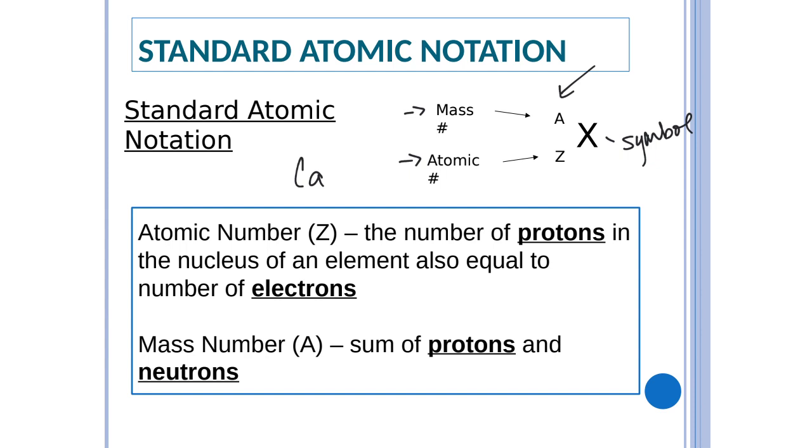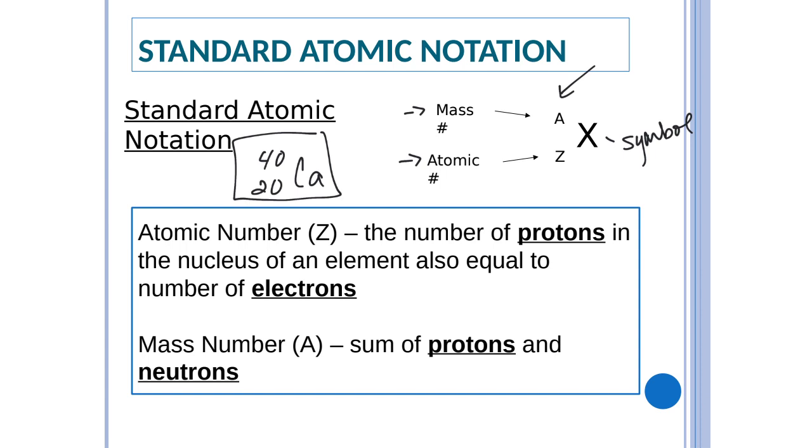And when we write this down, we never write that full value. We round the mass number. So because it is 40.08, we would round down. If the mass is 40.5 or greater, we would round it up. So in this case, we round down and then we write the atomic number for calcium, which is 20. So this would be the standard atomic notation for calcium.